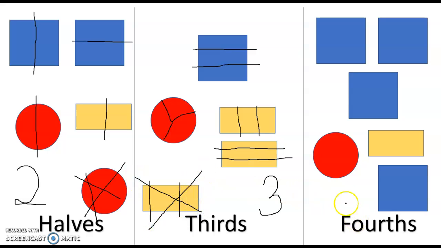Then we have fourths, which is four equal sized pieces. I could break a square up into equal sized pieces in a couple different ways. Could do that.